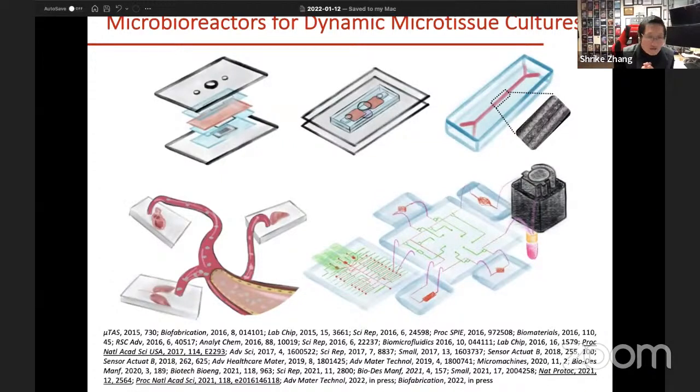Examples can range from these single chamber devices that are hosting a single tissue or organ type, or having a membrane segregating the different layers to allow endothelialization or epithelialization, to these multi-chamber devices on a single chip device, which allows studying of tissue-tissue interactions, and also, for example, metastasis of the cells within the same device, and also to these mechanically active devices to allow building in of mechanical actuations for certain tissues that are mechanically active in the human system, like the blood vessels and also some of the lung devices.